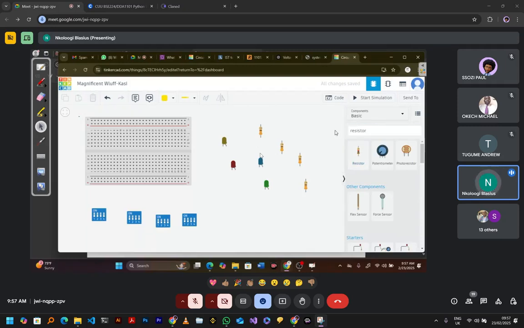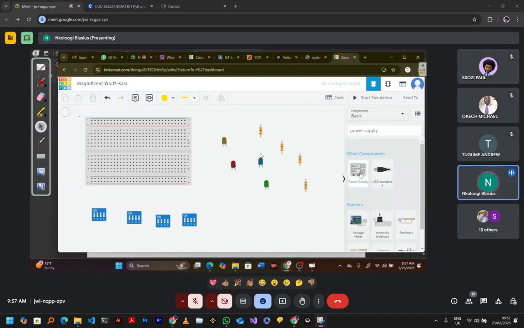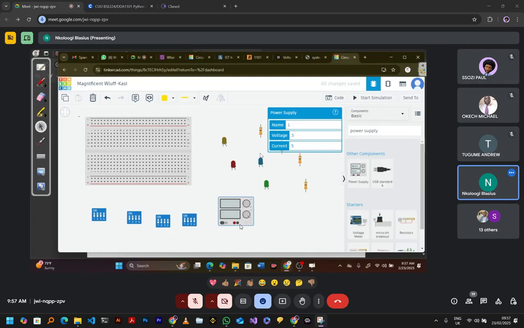Other people may just select an Arduino board to supply power to the breadboard, but choose power supply. It's more advanced. The power supply will look something like this, which has 30 V and 2 amps. On the current, leave it at 5 V. Drop it somewhere.